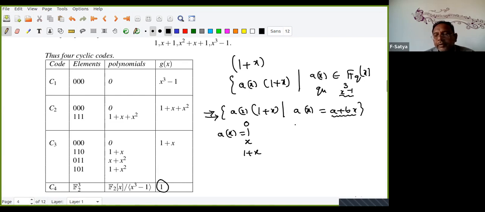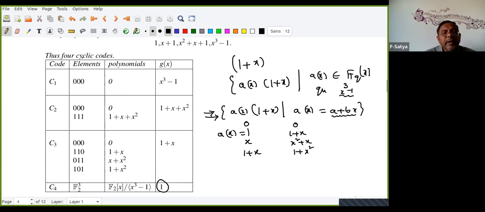The zero polynomial will come. 1 into 1 plus x, 1 plus x will come. x into 1 plus x, so x square plus x will come. 1 plus x into 1 plus x is 1 plus x square plus 2x, but modulo 2, it is 1 plus x square only. 1 plus x square and 1 plus x whole square are the same, modulo 2. These are the four polynomials, right?